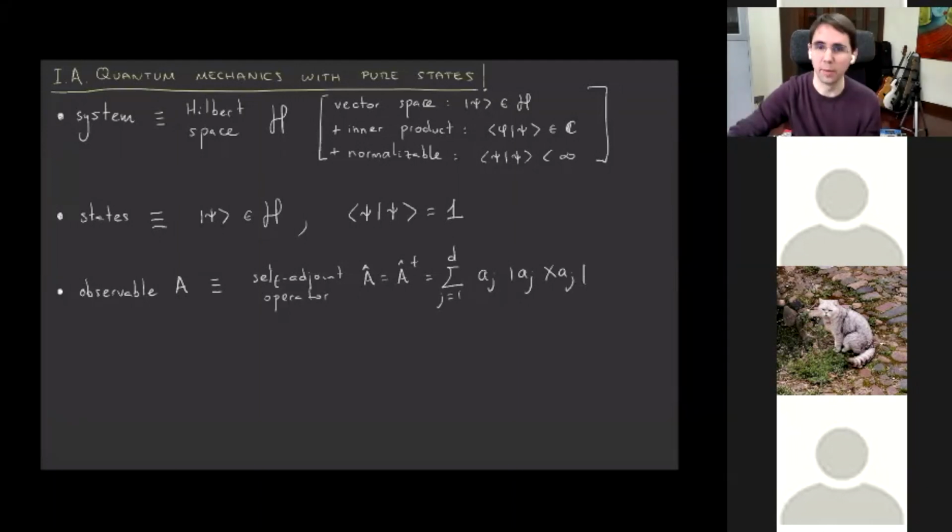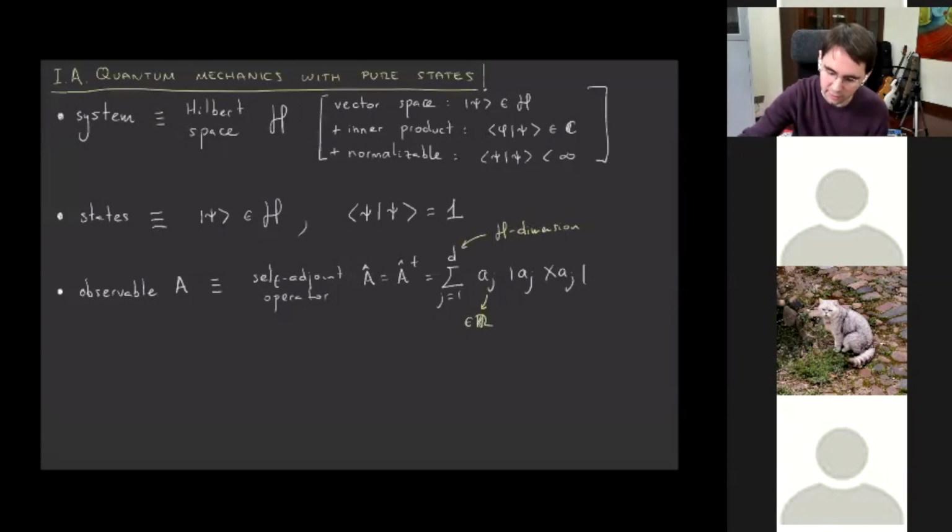There are many important things in this expression. The first one is that this D is the dimension of the Hilbert space. The second thing is that these A's are the eigenvalues, and as I said, they are real.